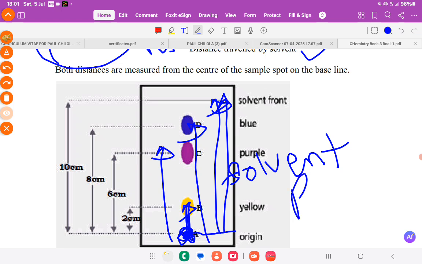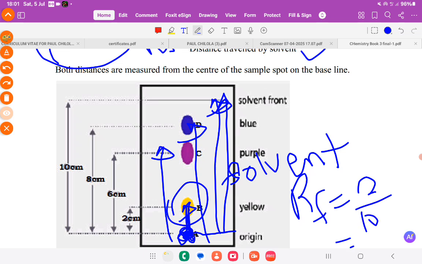Then the relative flow value of sample B is going to be 2 divided by 10, which is simply 0.2. Remember that relative flow value is a unitless quantity, all right?